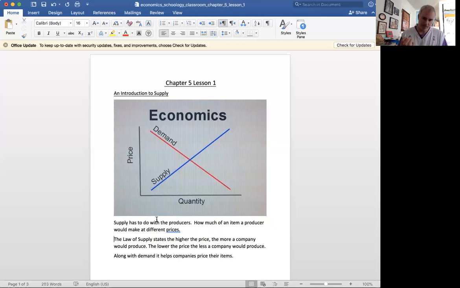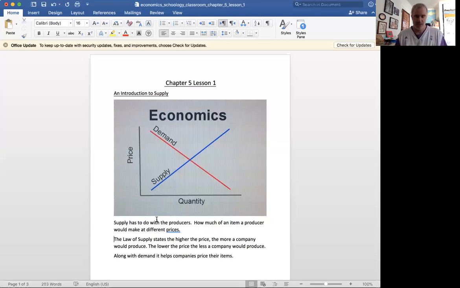But in this case, we're going to see that what happened was, because there was an increase in demand, people started offering more money to companies who make these masks, which then caused the price of the mask to go up, right?